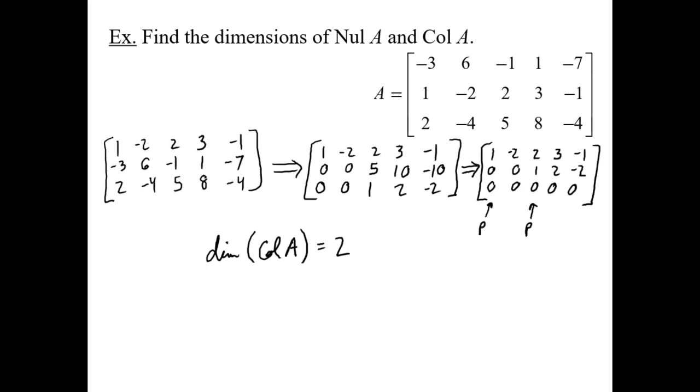And then there are 3 free variables, or rather columns with no pivot. So now the dimension of the null space of A would be 3.